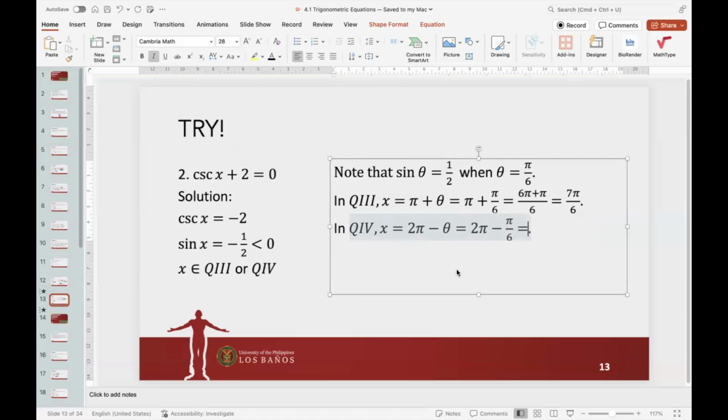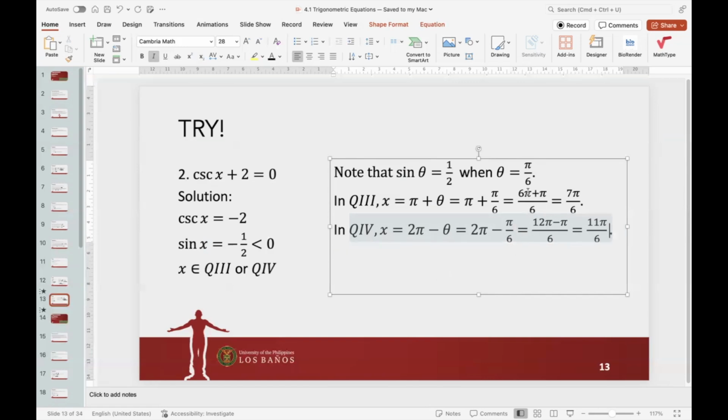And solving for that, we're going to get 12 pi minus pi all over 6. And that will give us 11 pi all over 6.